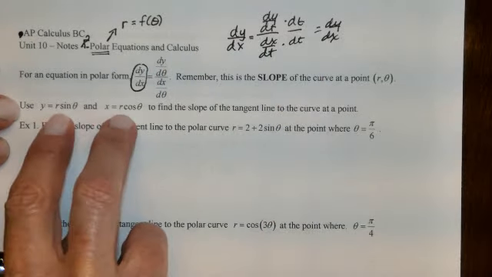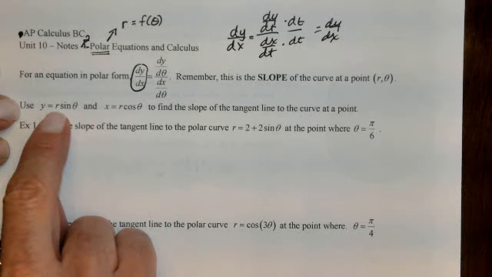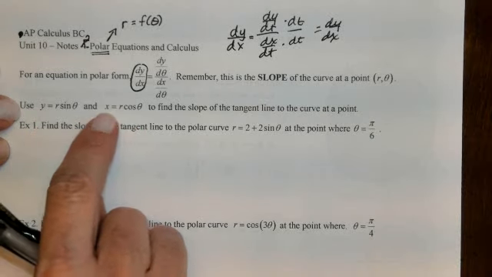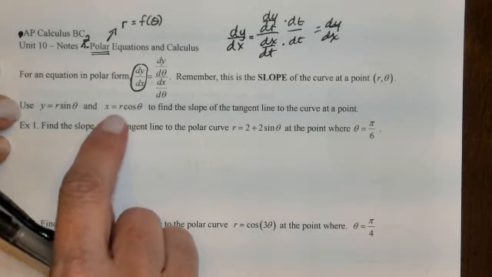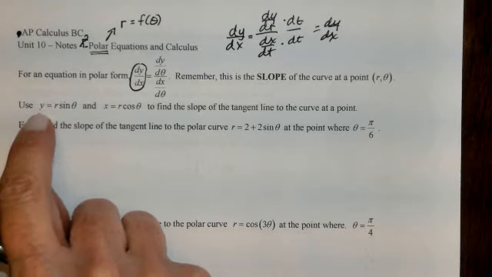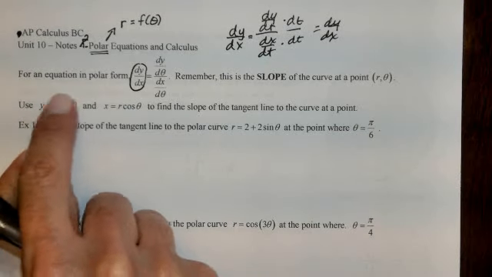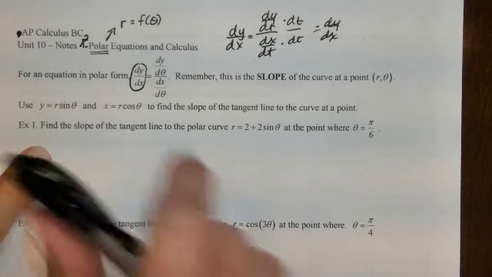Well, we're going to use those two facts. Y is always r sine theta. X is always r cosine theta. And we'll be given r as a function of theta. Therefore, we can write y as a function of theta and x as a function of theta.